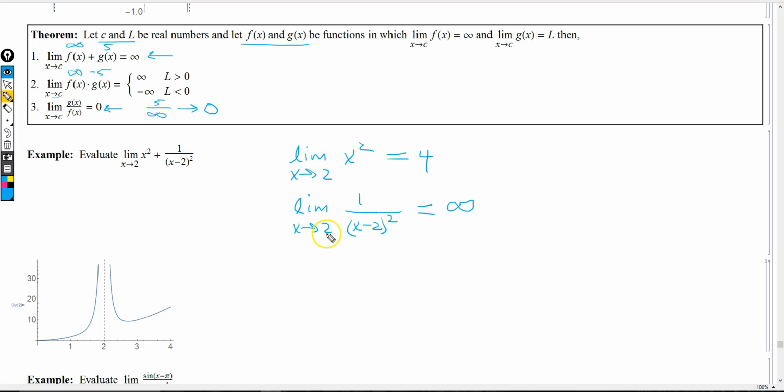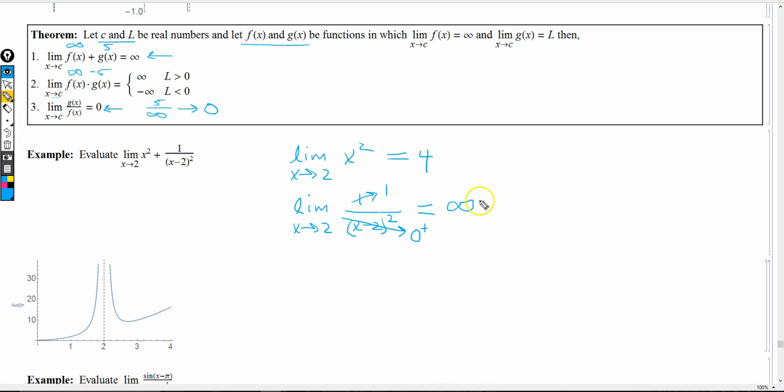That's because as x approaches 2, x minus 2 is going to be a very small number, very close to 0. And then when you square it, that's going to make it a very small positive number. Whether or not x minus 2 is positive or negative, the square is going to make it positive. So this is approaching 0 from the right. The top is always staying at 1. 1 divided by a very, very small positive number is a very large number.